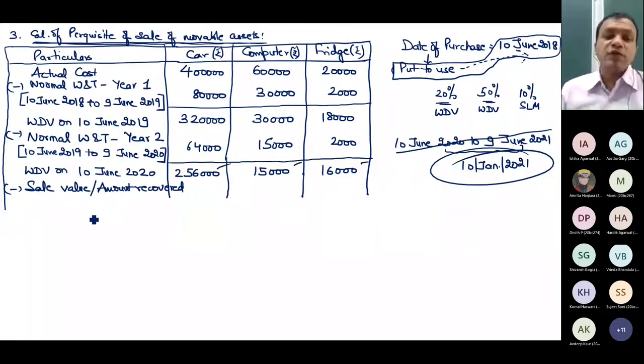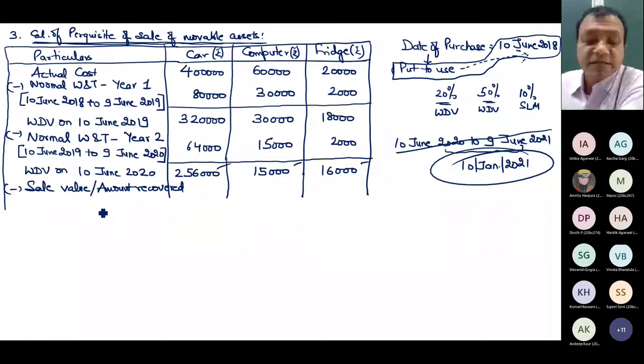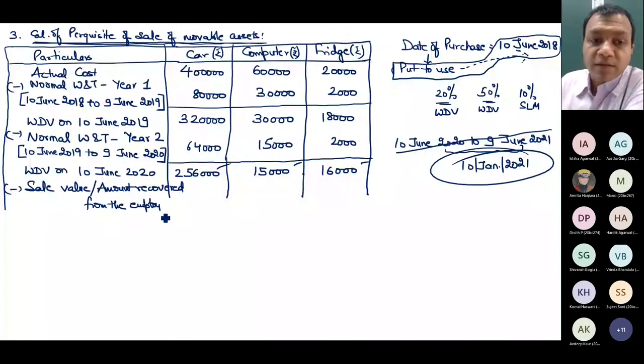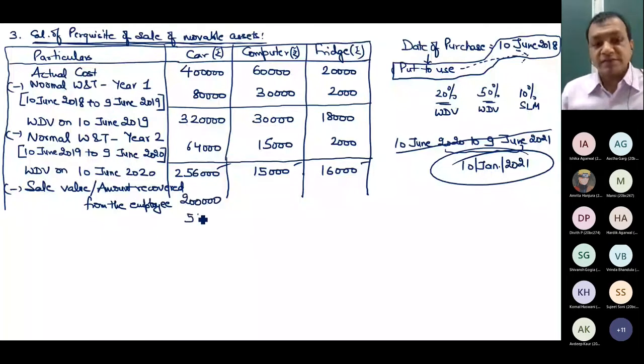But from final value, before arriving at final taxable value, you always deduct amount recovered from the employee. So this value was 256 and you purchased it for 2 lakhs. So department says you saved 56, pay the tax. This is what the provisions are.